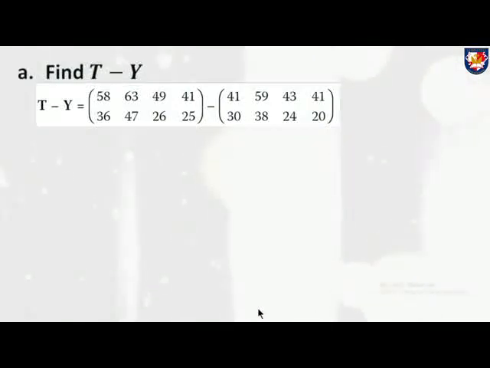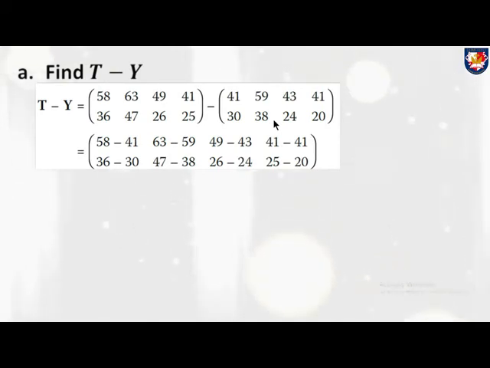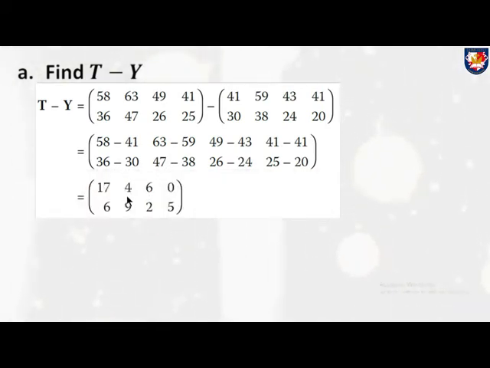Now, find T minus Y. We know that this is the matrix T and then this is the matrix Y. We simply need to subtract the elements of matrix T with the corresponding elements in matrix Y. So we will get the matrix T minus Y equal to this matrix.